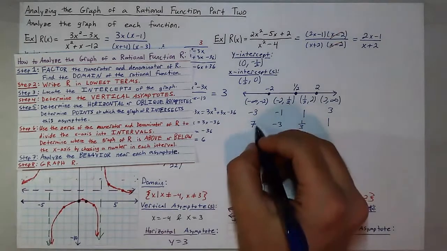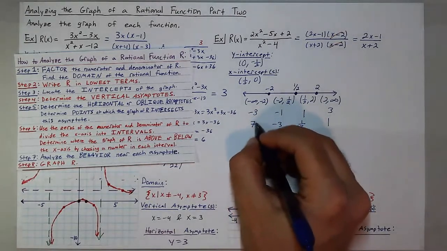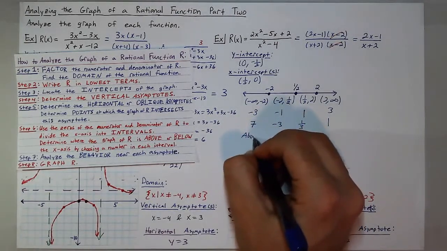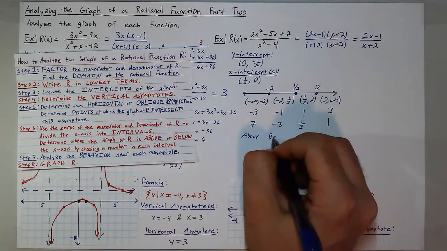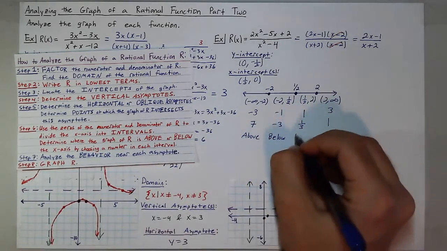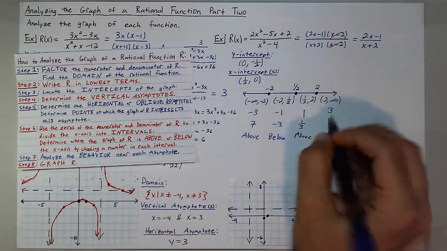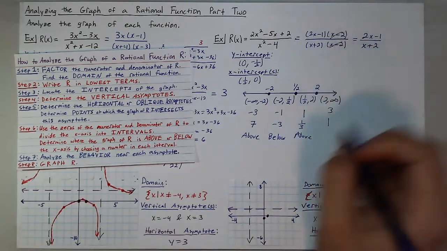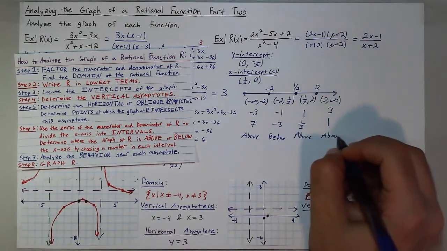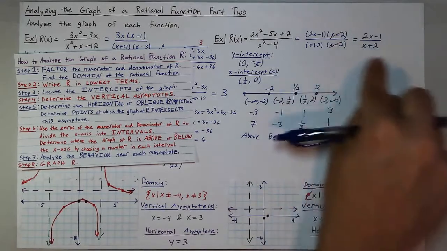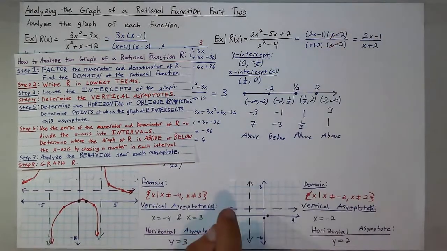So all this tells me is that since this is a positive value, it's above the x-axis. This negative value means it's below the x-axis. Positive means it's above. And then even after this 2 that was canceled out, I still remain above the x-axis, which I kind of expected since I'm really using this function for most of it.